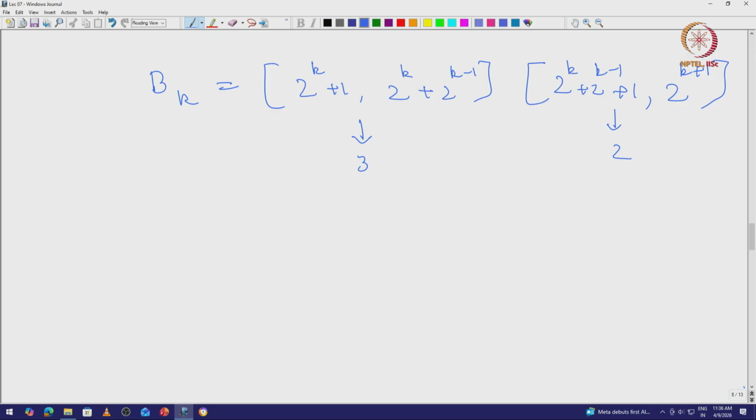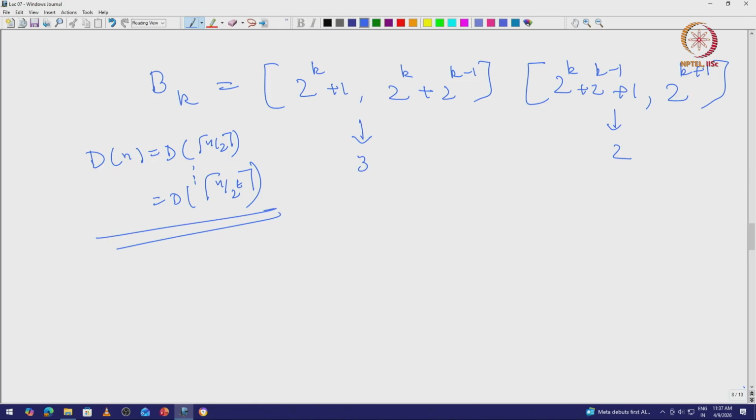By the process, D of n equal to D of ceil n by 2. Applying k times, you get D of ceil n by 2 power k. Okay, applying t times, let us use t rather than k. Applying t times, you get this.